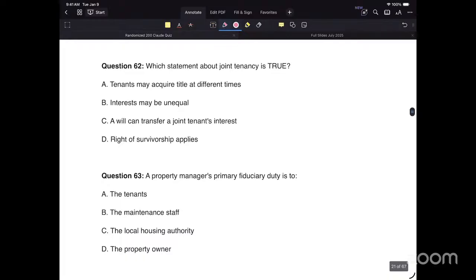62. Which statement about joint tenancy is true? If you listen to my song, you might know the answer. Tricks, they just added the home test in Connecticut. Let me tell you, when COVID happened, a lot of states said, if you have an internet connection, you can take it at home, and a lot of states said no, this is not a good idea.